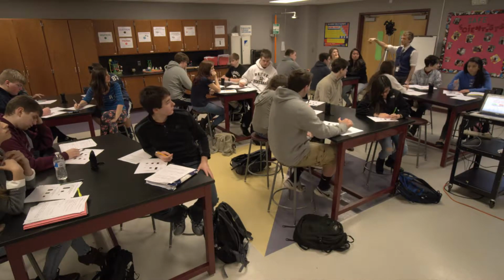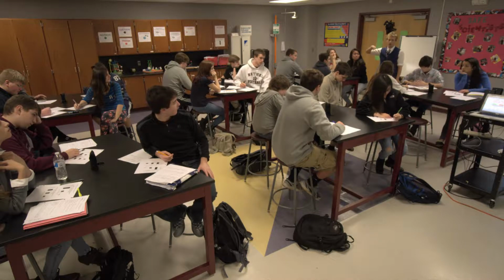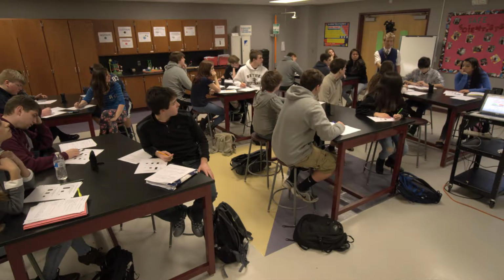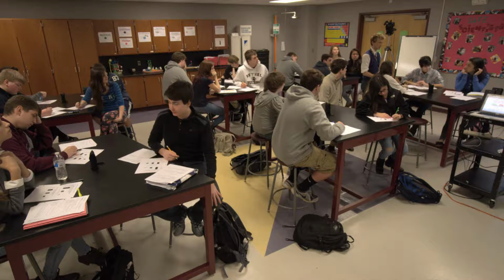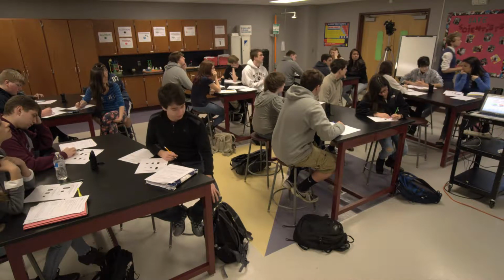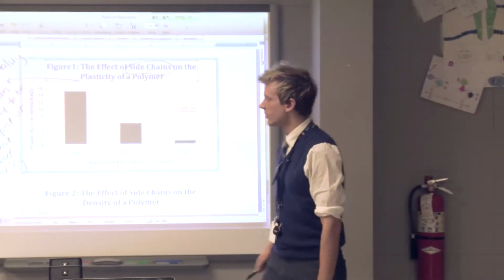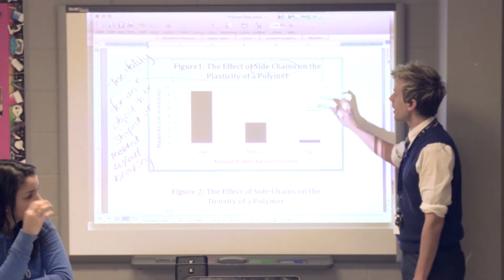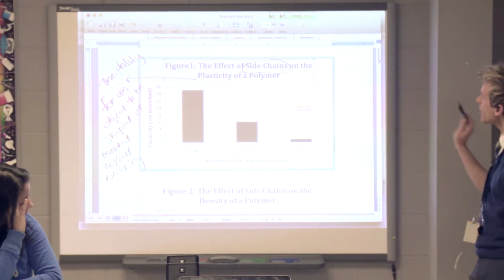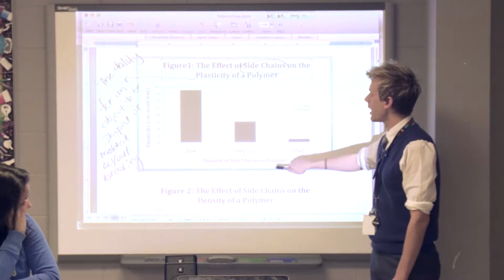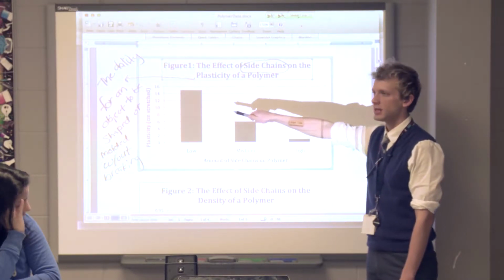And so this group was the expert on plasticity last time we were together. You guys have different, I know you guys tested the density, right, Leon? Okay, so on this side of the graph, what is going on in this graph? We have the IV, we have the DV. The DV in this case is plasticity.